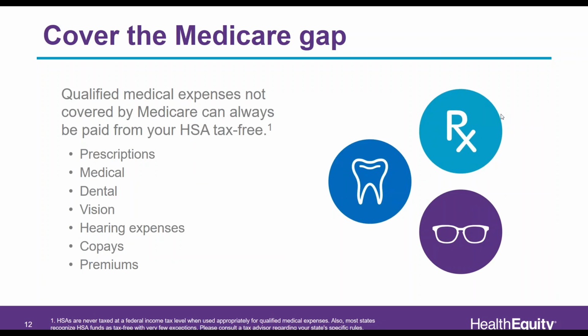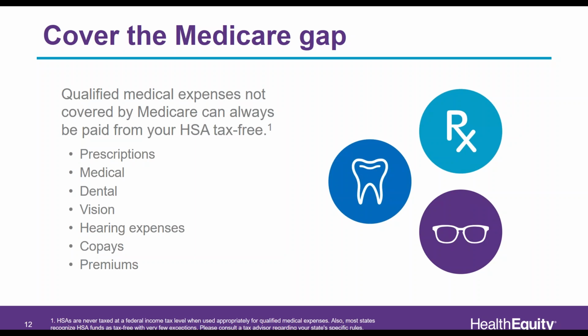Now, as we saw a couple slides ago, we know that there are going to be expenses coming out of our pocket. We know that Medicare isn't going to cover everything for us, unfortunately. There are going to be out-of-pocket healthcare costs. Now, we have our HSA to help us out. It can pay for things that Medicare won't for you, such as prescriptions, medical, dental, vision expenses, and that includes reading glasses.